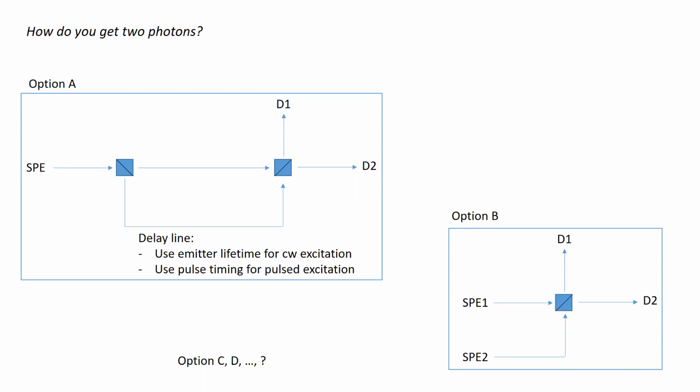Is that still fine? Let's say the delay line is set for 3 nanoseconds, and the average excited state lifetime is 3 nanoseconds. Does that mean you're actually losing a lot of them because they won't interfere? At which point are they no longer simultaneous? What's the definition of simultaneous for the arrival at the beam splitter?